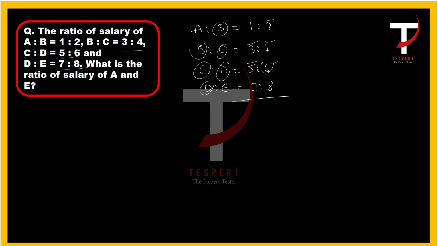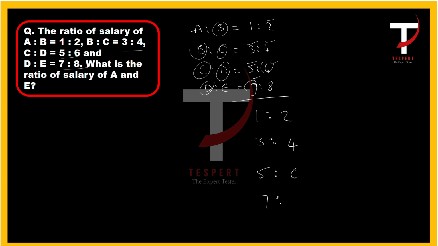So the values are different. So we must neutralize this, right? So how can we do it? We can follow the same method. 1 is to 2, 3 is to 4, 5 is to 6, 7 is to 8.